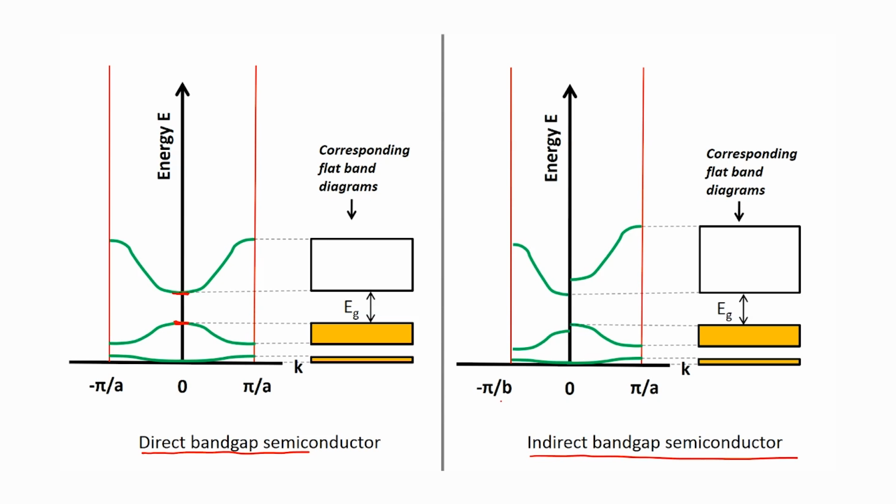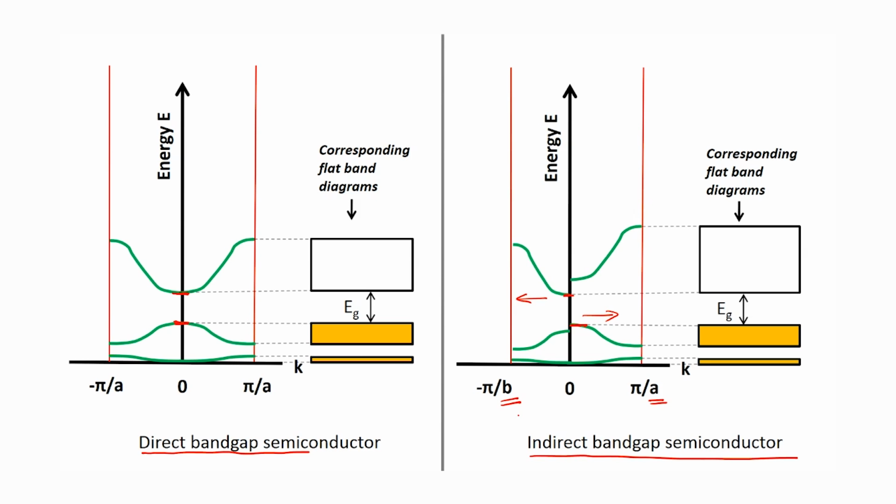That is why I have marked this as B and this as A. I am going in the A direction if I am going from the origin to the right side, and I am going in the B direction if I am going from the origin to the left side, and because of symmetry I am just showing you one segment of it, but you can imagine that it is distributed. Now, you see that the highest occupied energy level is actually in the A direction, right, but the next lowest unoccupied energy level is in the B direction, in this direction.